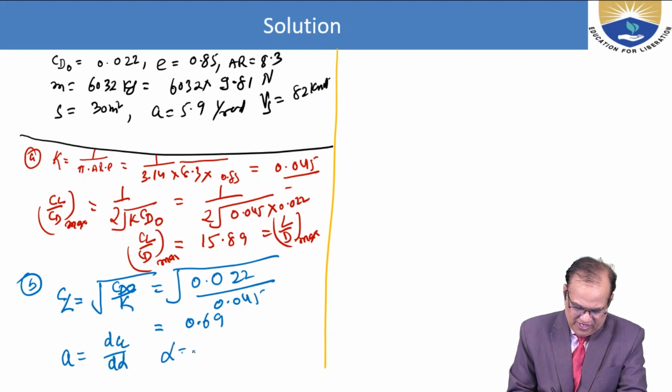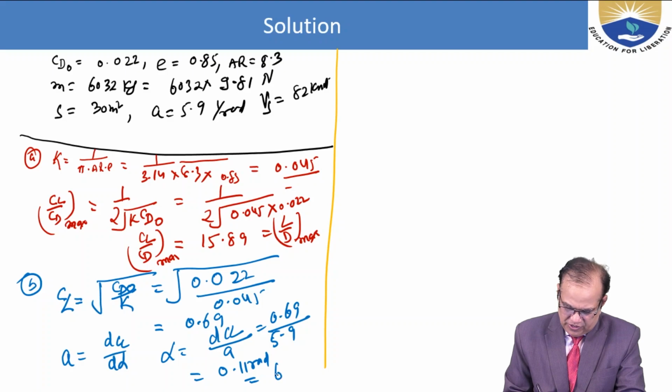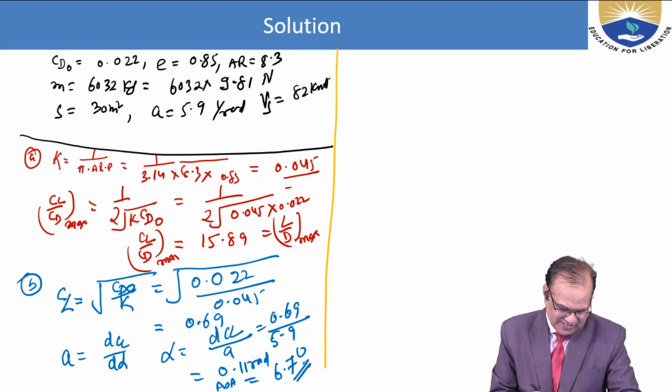So this alpha is equal to CL by A. CL is 0.69 divided by A, which is given as 5.9. So I will get 0.11 radian, and this will be equal to 6.7 degree. So angle of attack alpha is equal to 6.7.